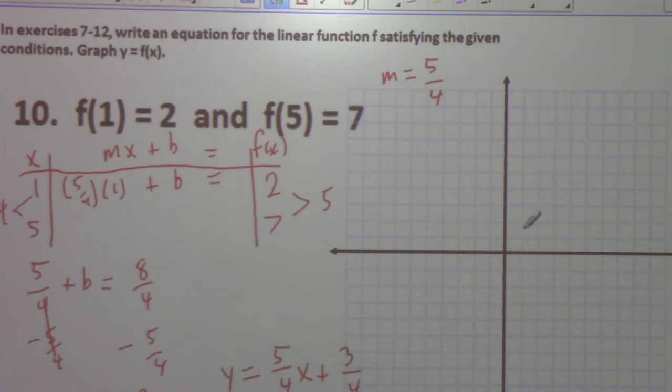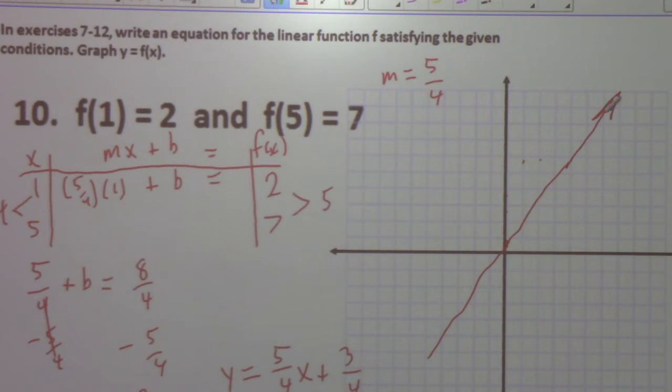Is that about here? And then 5/4 up 1, 2, 3, 4, 5 over 4. 1, 2, 3, 4, so about like this. And then our line looks something like this.